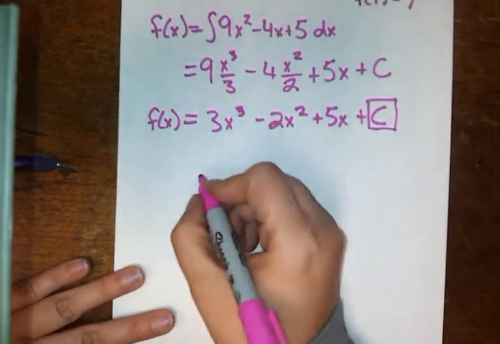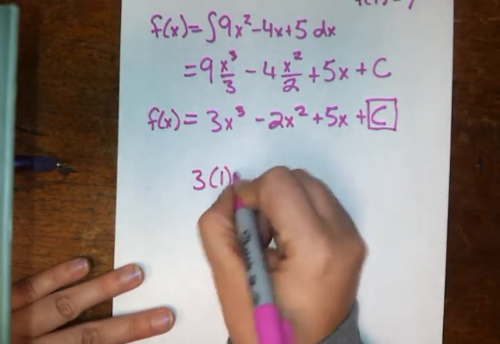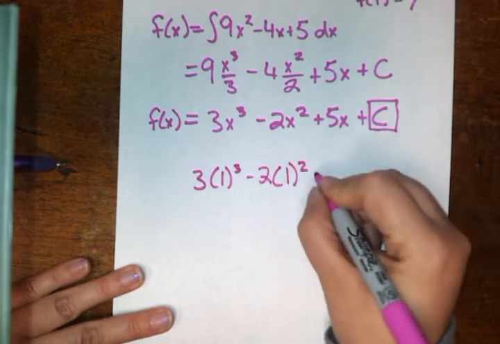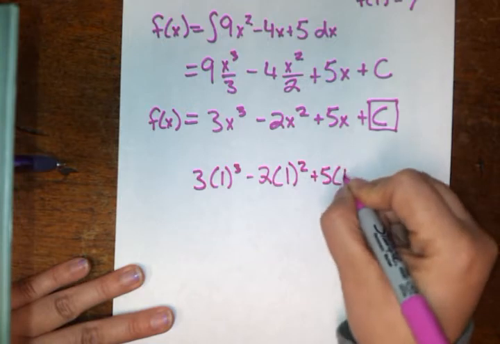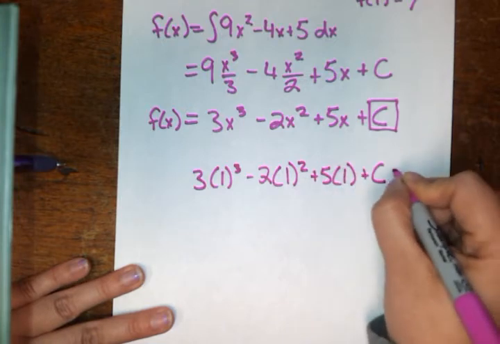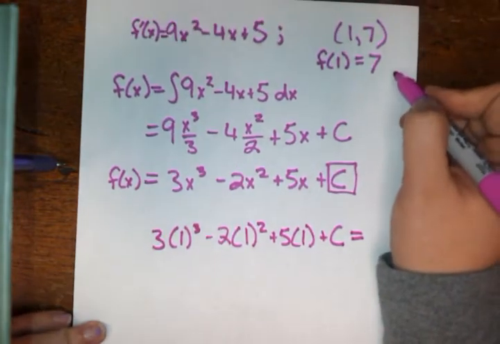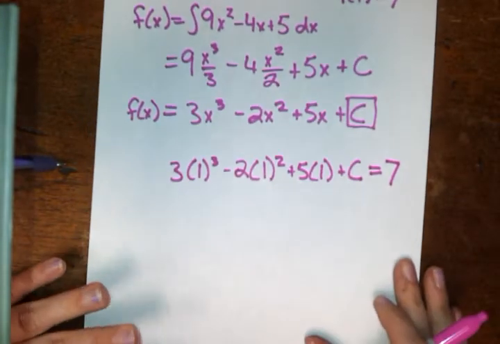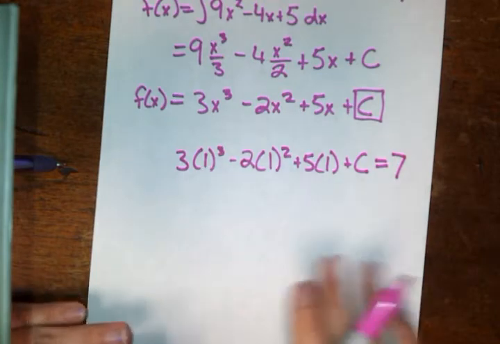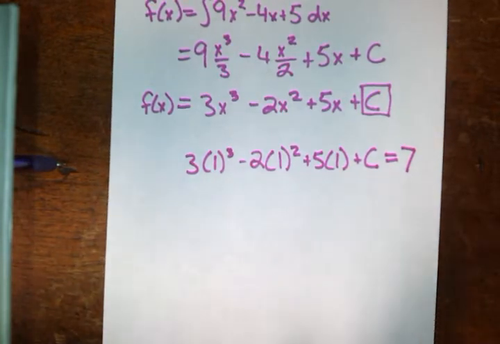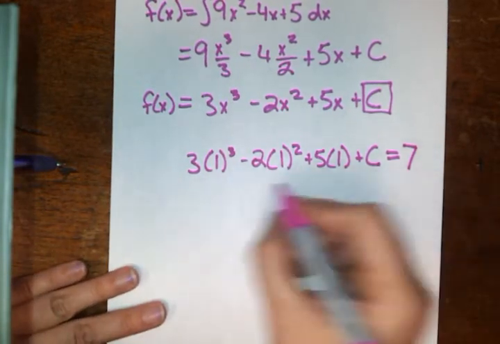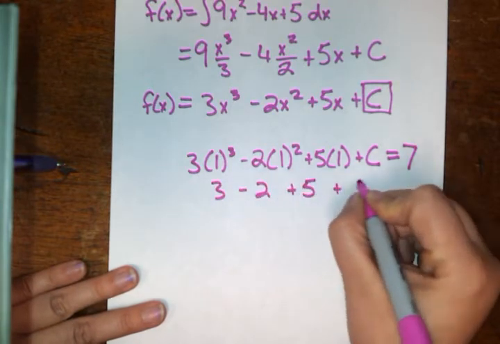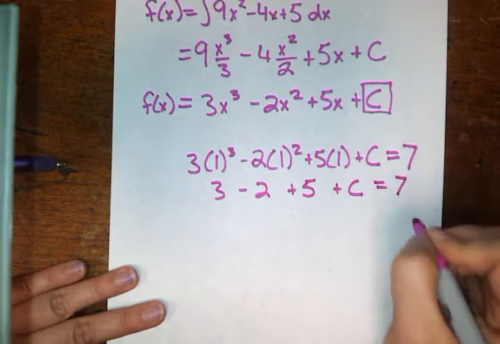All right, so 3 times 1 cubed minus 2 times 1 squared plus 5 times 1 plus c equals 7. That's what they gave us, okay? This one's pretty simple. Yours might not have a 1, so it might be a little bit more arithmetic than mine, but basically this is telling us that 3 minus 2 plus 5 plus c equals 7, okay?